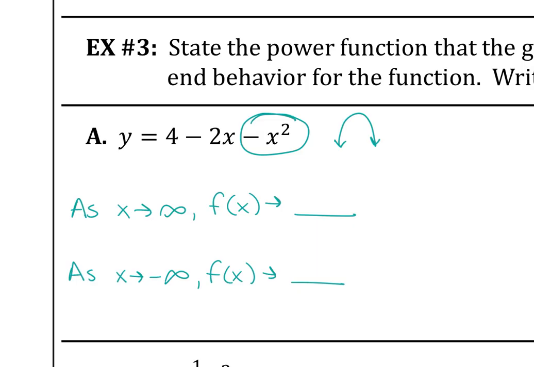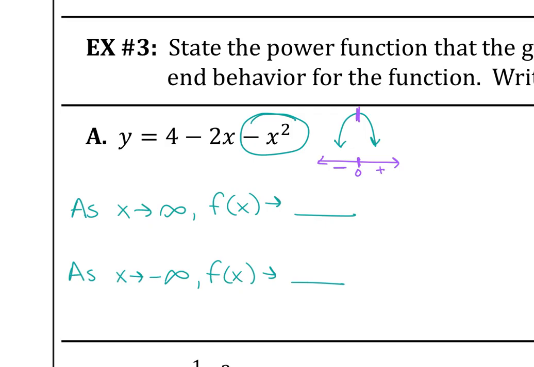So what do we look at? We look at our graph. Here's the middle of it. And think of a typical number line. This is our 0 here. We're going to positive infinity to the right and negative infinity to the left.